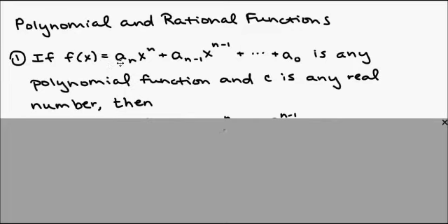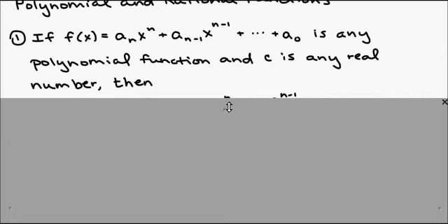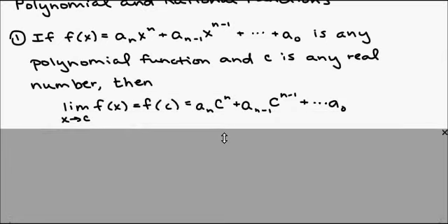So if f of x equals this polynomial function here, so a sub n times x to the n plus a sub n minus 1, x to the n minus 1, and so on, if that is a polynomial function and c is any real number, then the limit of the polynomial function is equal to f of c, which is equal to this polynomial here.